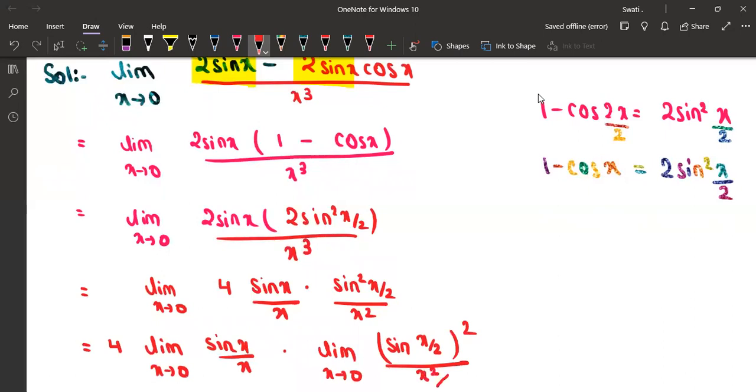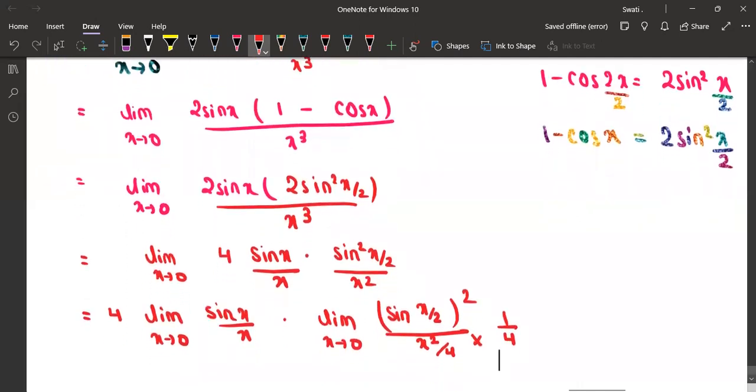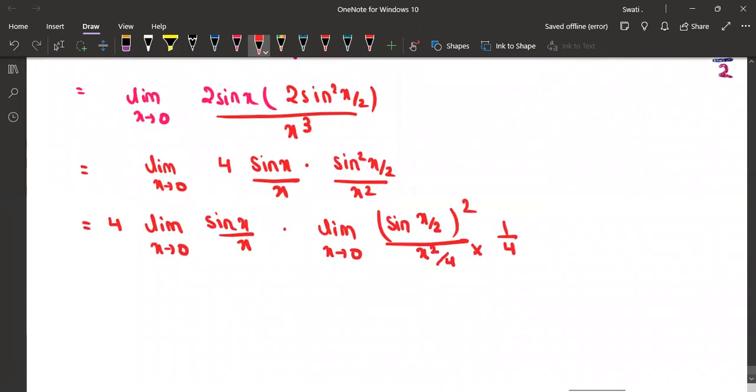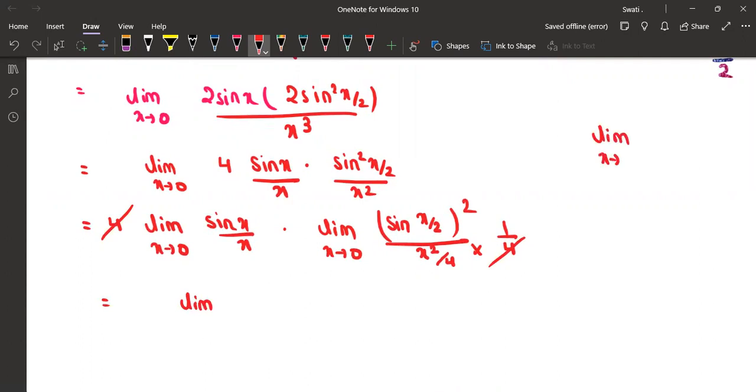I'm here dividing by 4, and if I'm dividing by 4, I have to compensate this, so I have to multiply by 4 also, right? So I have balanced it out. Now in the next step, I'm simply going to cancel this 4 and 4 first. And now this will become limit x tends to 0. There is a formula which I'm going to write down here. Limit x tends to 0.